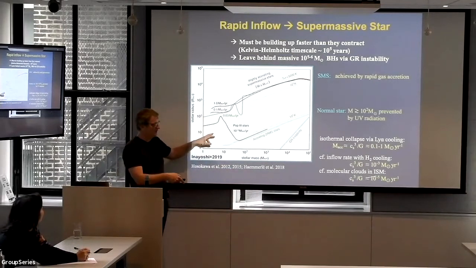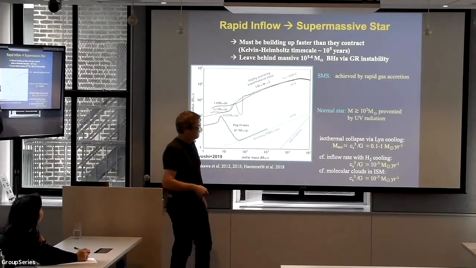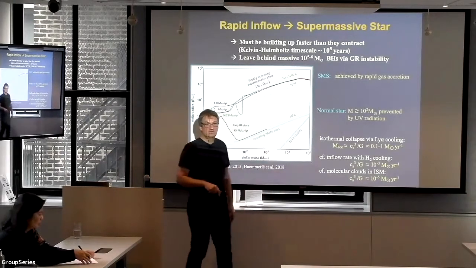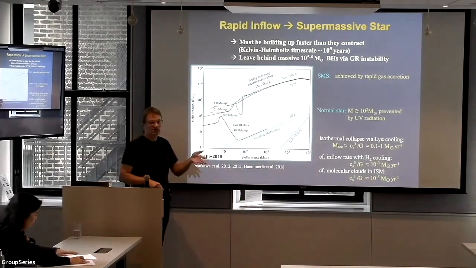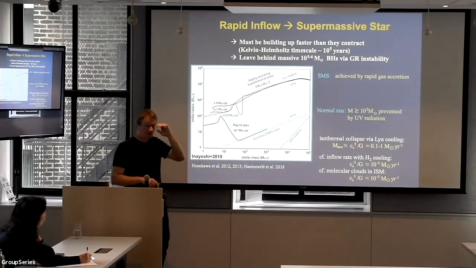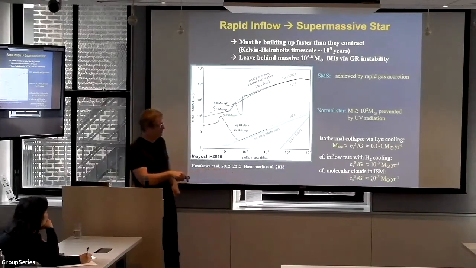So in a Kelvin, how much time to form a solar mass star? In the early universe, we have metal poor gas. So if you take hydrogen molecule as the cooling agent, you can cool down to 100 Kelvin or a few hundred Kelvin. You cannot cool below that. So you have a gas that's warmer than in our star-forming clouds in our galaxy.